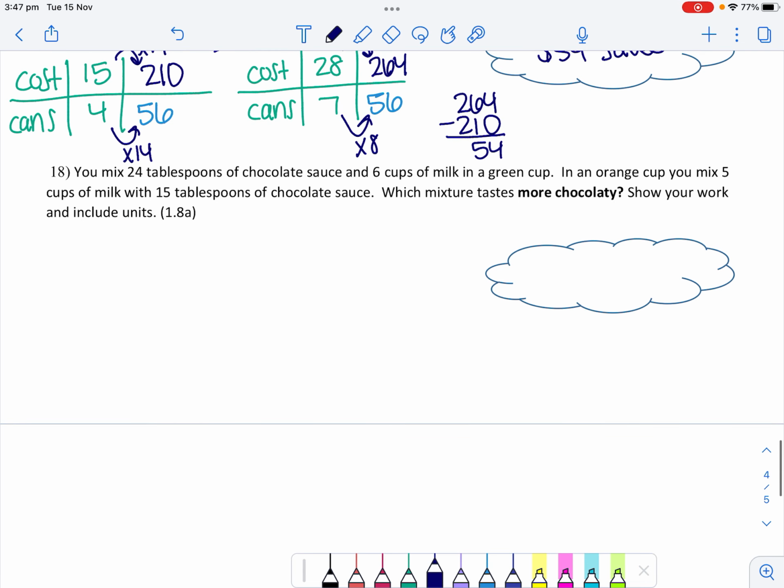Number 18 says you mix 24 tablespoons of chocolate sauce and 6 cups of milk in a green cup. In an orange cup, you mix 5 cups of milk with 15 tablespoons of chocolate sauce. Which mixture tastes more chocolatey?